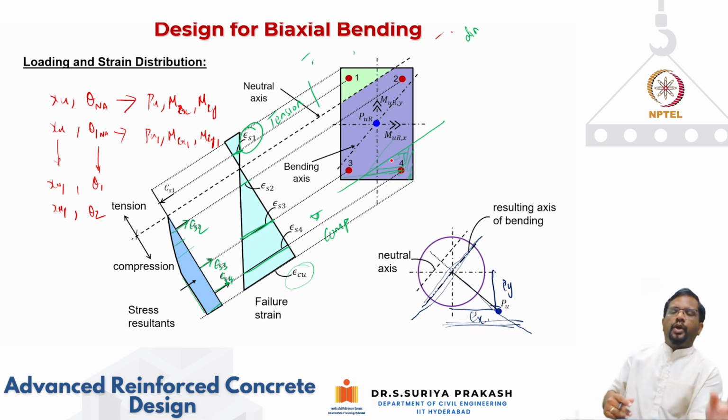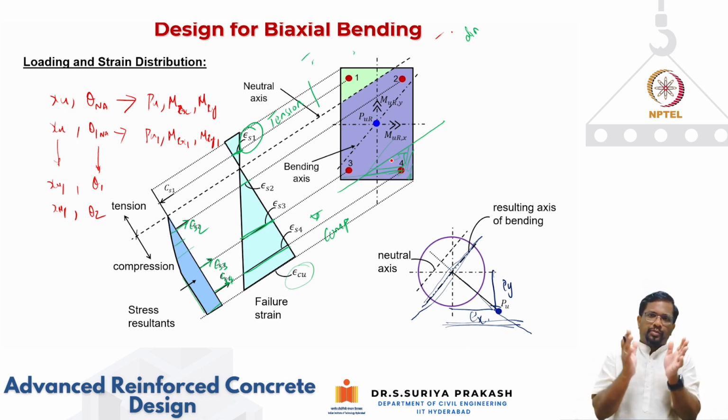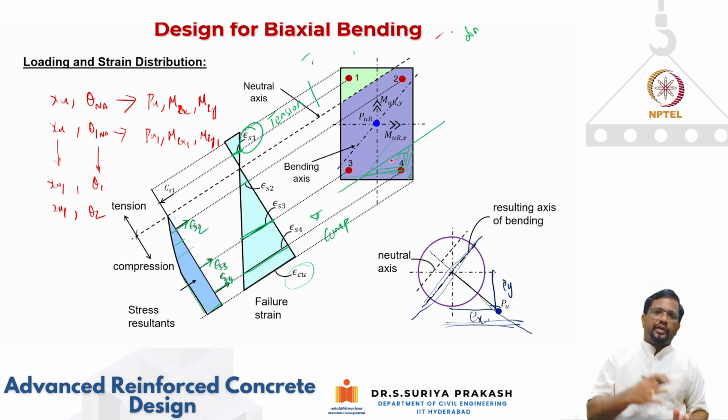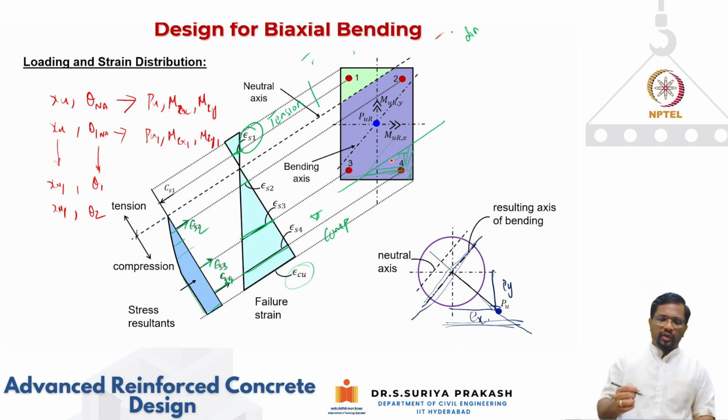So depending upon the location and angle of the neutral axis, your compression area is going to change. Estimating the compression area and integrating it with stresses to find your net concrete compression force is going to be challenging. This is one of the difficult aspects of doing the calculations.